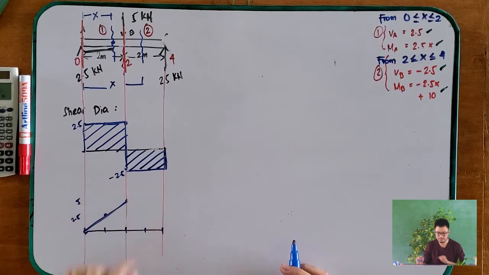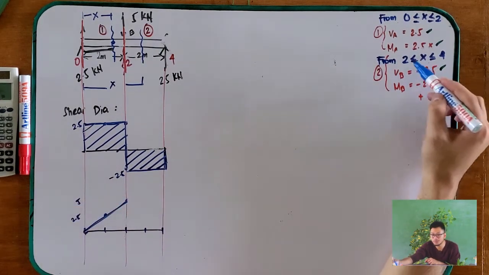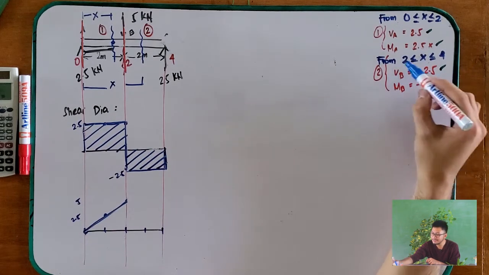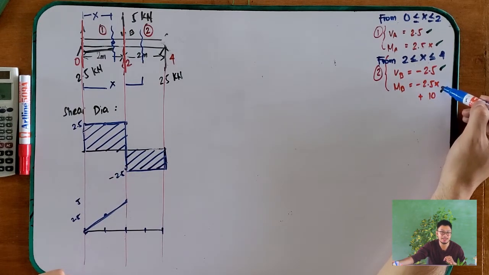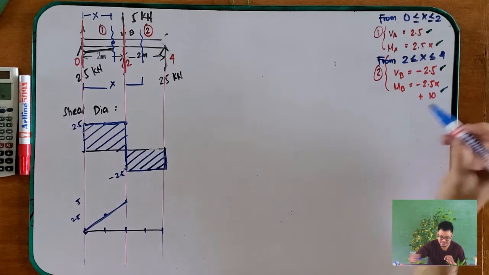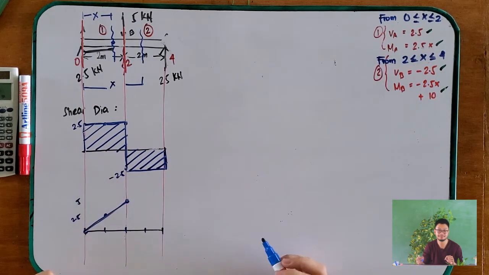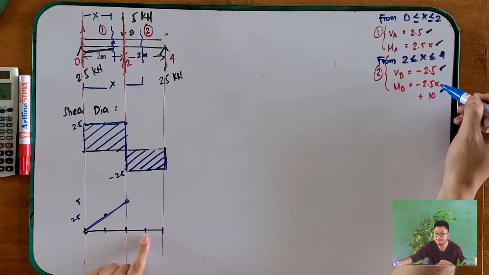Okay? Now, we have reached 2, so we move to the segment from 2 to 4. When x is 2, what will be the value? 2.5 times 2, negative 5. Negative 5 plus 10, that is still 5. Let's continue. How about 3?